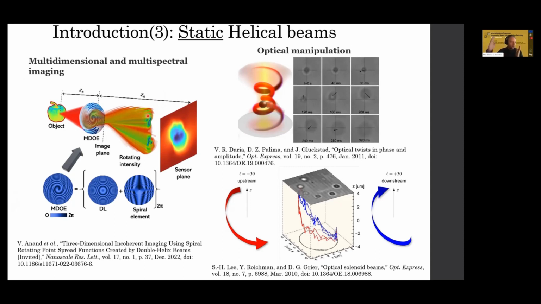Rotating means changing over propagation length, to either image objects using special point spread functions, or basically trap them inside a spiral pathway and use the fact that such beams usually feature angular momentum, which causes the particle to basically move along the spiral track.